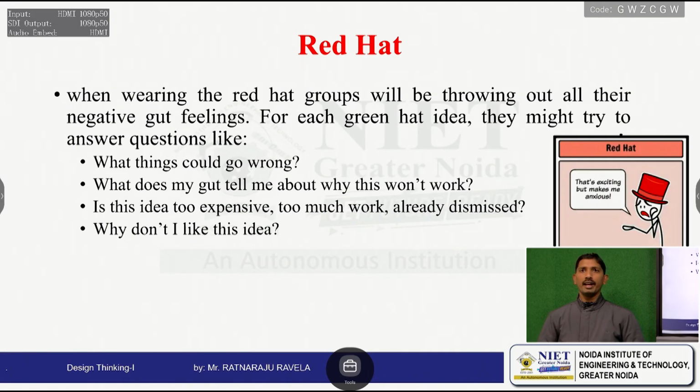Now coming to the red hat. When wearing the red hat, the group will be throwing out all their gut feelings. For each idea, they might try to answer questions like, what things could go wrong, or what does my gut tell me?